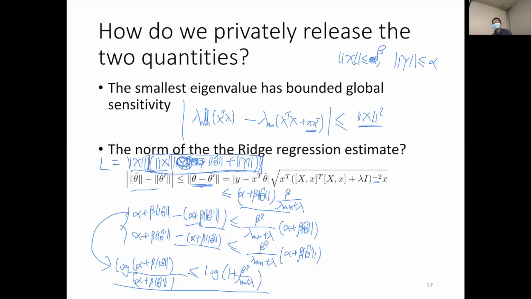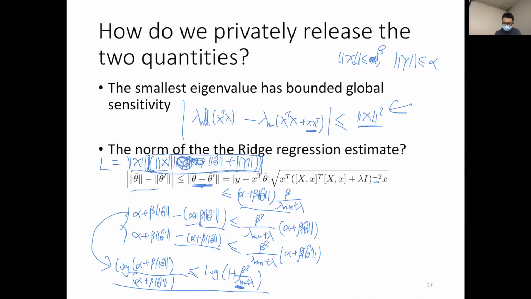That constant is something we can leverage to add noise to, by privately releasing this local sensitivity according to lambda mean, which we can privately publish because it has bounded sensitivity, and then we can release a log of this scale parameter of interest. So even though we cannot directly release this theta hat, we can release a transformation of it. Sometimes this kind of trick can be used.